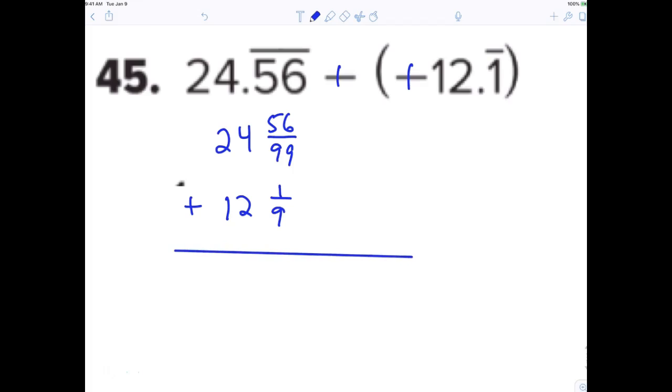If you knew the other one, you knew that. Okay. So common denominator here, guys, is just what? 99. Thank you, Oscar. 24 and 56 over 99 plus 12 and what? 11 over 99. 36 and 57.